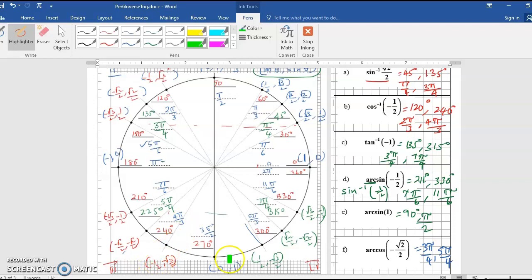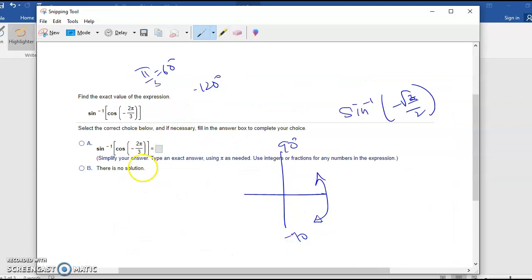So cosine is negative half, so you would go back and write it as sine inverse of a negative half. Remember the inverse sine is between negative 90 and 90. Sine of pi over 3 is not half, so normally positive half is at pi over 6.